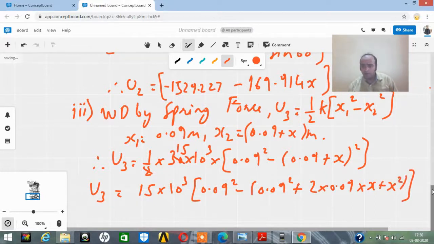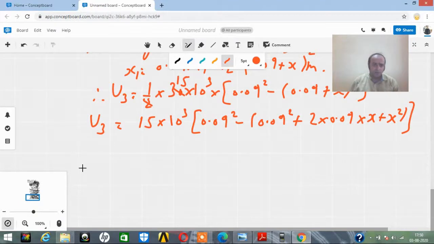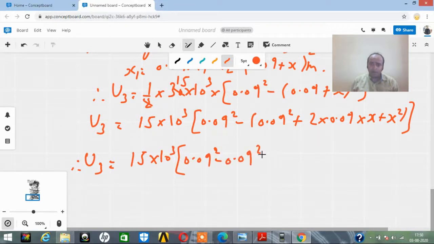So finally U3 is equal to 15 into 10 raised to 3 into (0.09 square minus 0.09 square minus 2 into 0.09 into x minus x square).